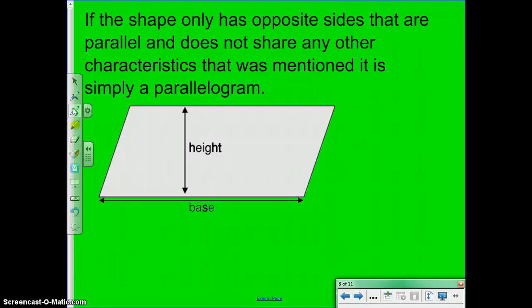And if it does not share any characteristics with a rectangle, a rhombus, or a square, then we just simply call it a parallelogram. Opposite sides are parallel, like so, but it does not have 90-degree angles, and not all of the sides are the same length, so it's not a square, it's not a rhombus, it's not a rectangle, it's just simply a parallelogram.